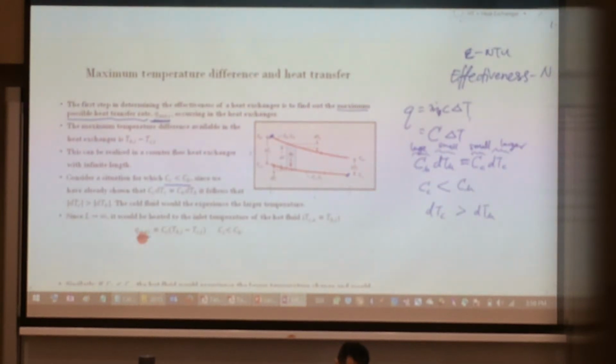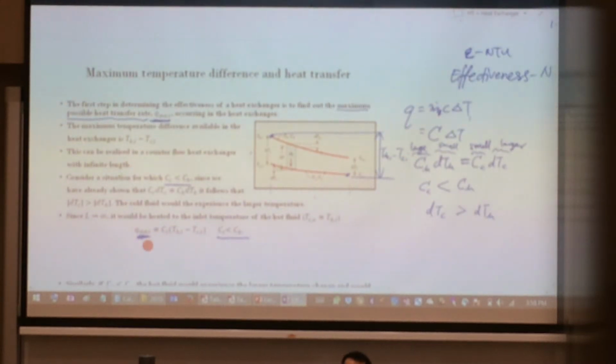So my Qmax will be equal to Cc, if this Cc is lesser than Ch, multiplied by the largest temperature difference, this overall one, from the highest temperature to the lowest temperature. That is your Thi minus Tci.